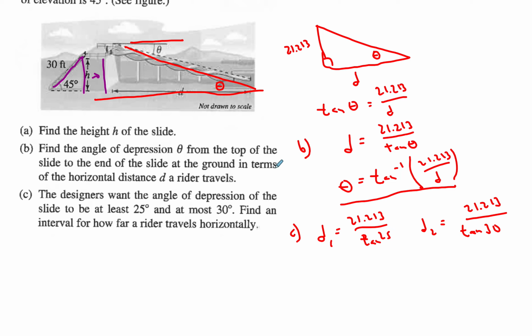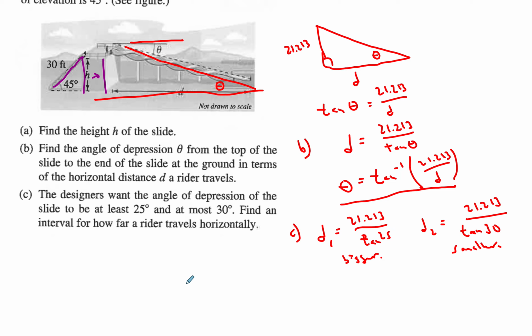Okay, so if we think about this, if the 25 degrees, that would mean what? This is smaller, and if it's bigger, it would mean that it would have to be closer in. So it should be the case that this is going to be smaller than this. This will be bigger in terms of what the length of d will be, okay? So how do we calculate that?